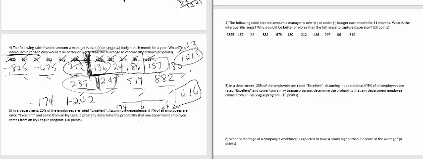Why would it be better or worse than the full range to capture dispersion? Okay, so if we're going to say 416 is different, what's the full range? Well, it's the 885 on the minus side, and 882 on the plus side.